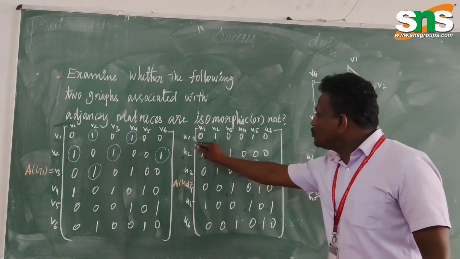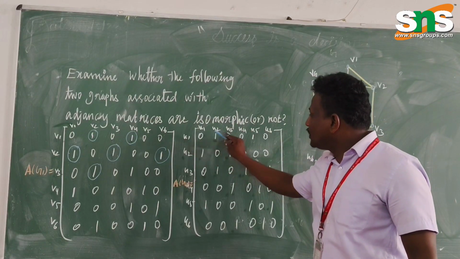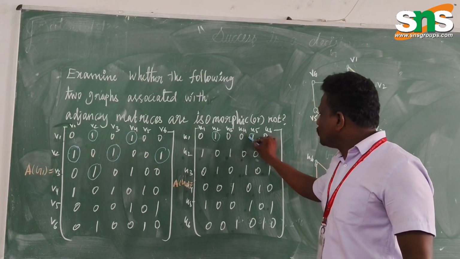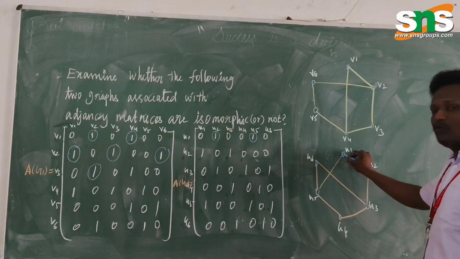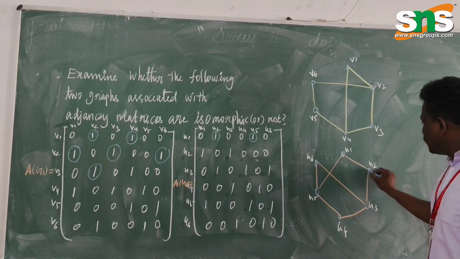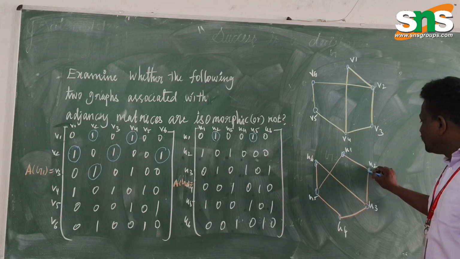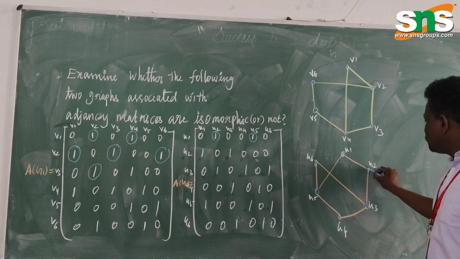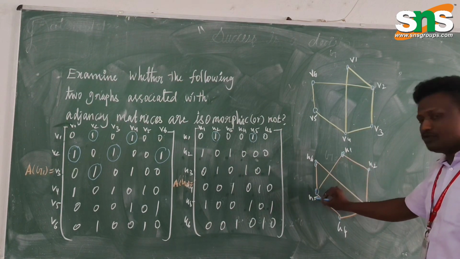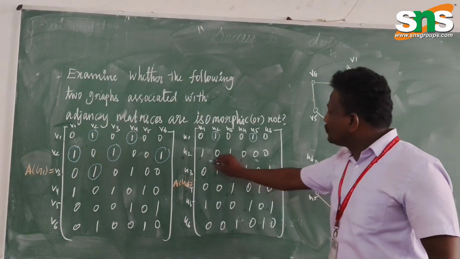matrix. So for U1, there is an edge from U1 to U2 and U5. U1 is adjacent to U2, and U1 is adjacent to U5. Let me come to U2.